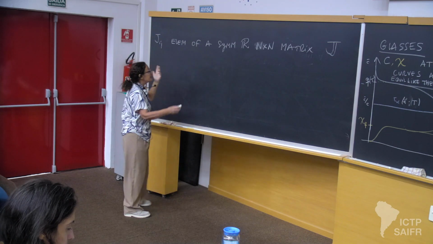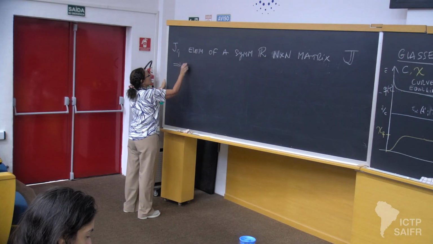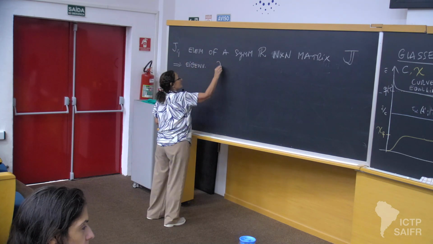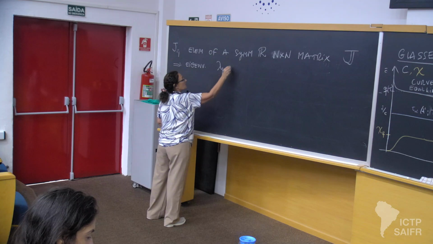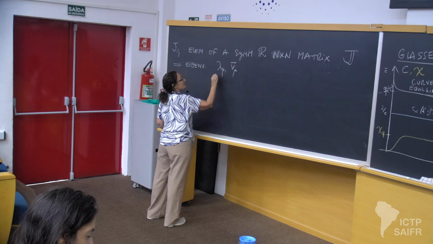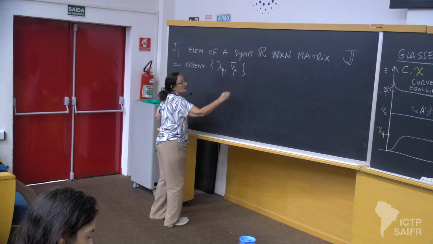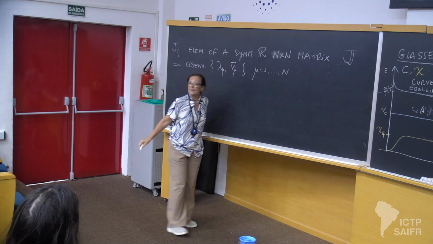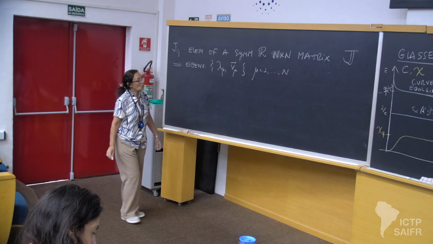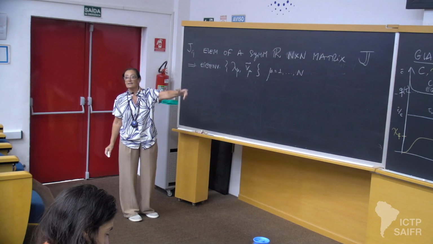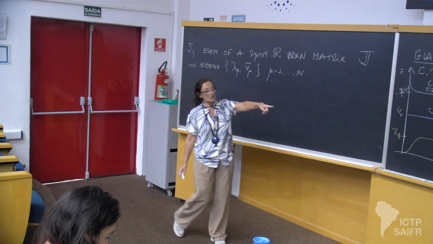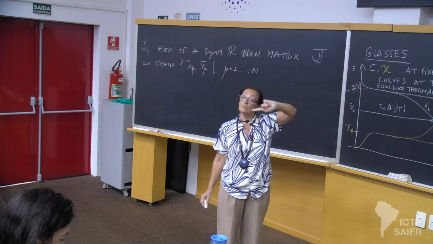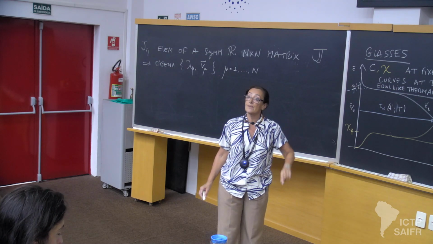So it has eigenvectors and eigenvalues, which I'm going to call lambda mu, the eigenvalues, and v mu, the eigenvectors, and mu goes from 1 to n. So I can diagonalize both the Hamiltonian without the z and the term with the z by going to the basis of eigenvectors of this matrix.